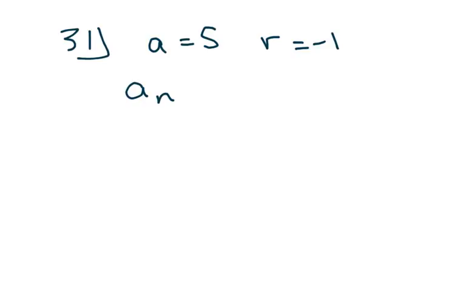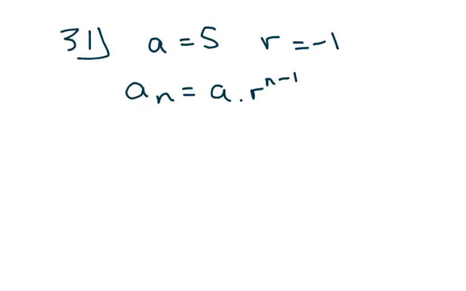All right, let's do another one. Let's do 31. So 31, we have the first term is 5 and r is negative 1. So if we just want to write out the terms like we did before, a sub n equals a times r to the n minus 1.